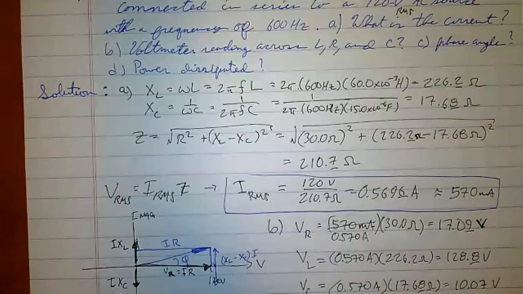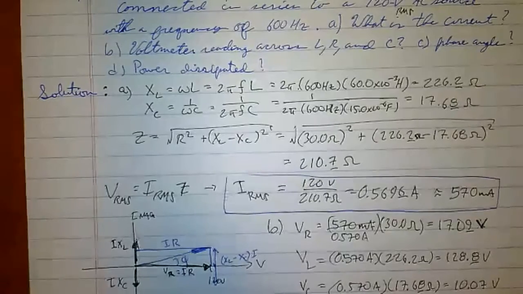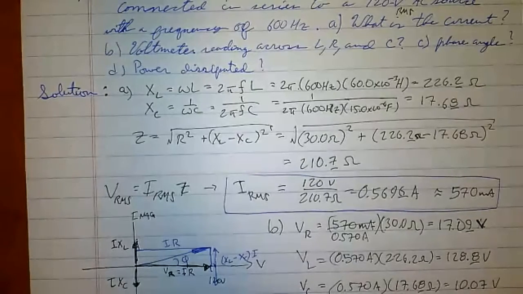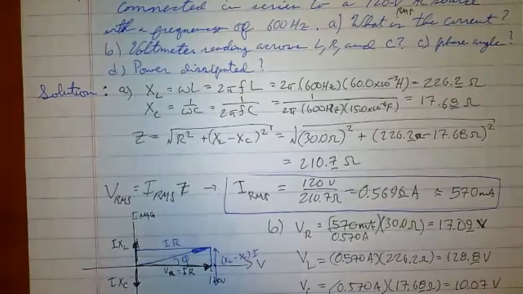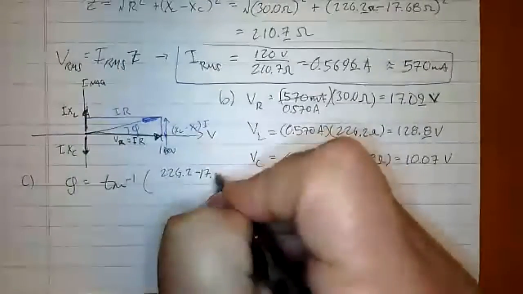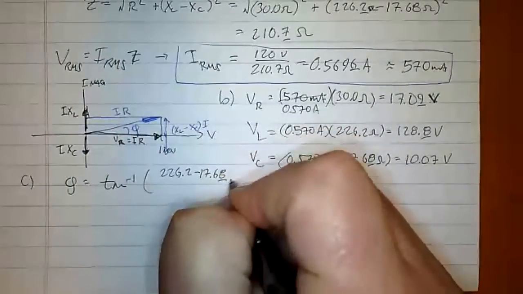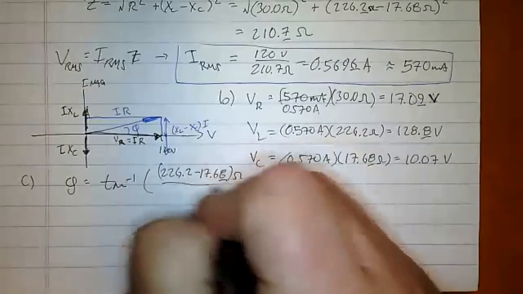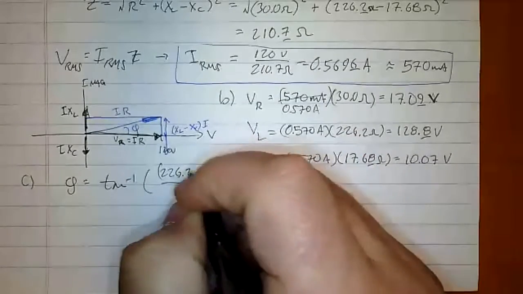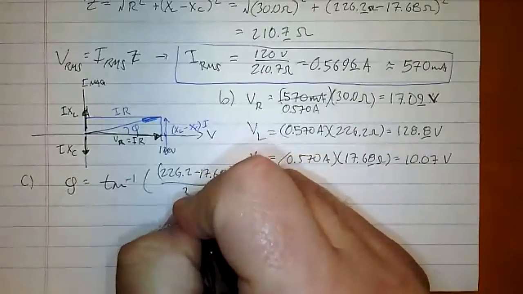Okay, so that's part B. Part C is, oh, the phase angle. Okay, so the phase angle for part C, the phase angle phi is equal to the tangent inverse of 226.2 minus 17.68 ohms over, and then of course the resistance is just 30 ohms.